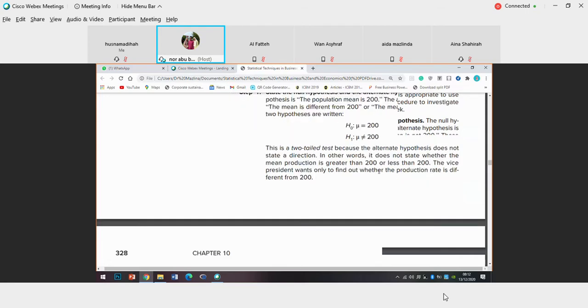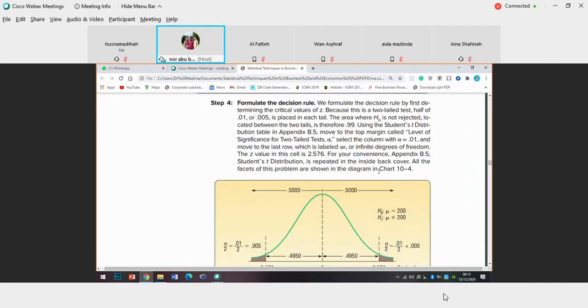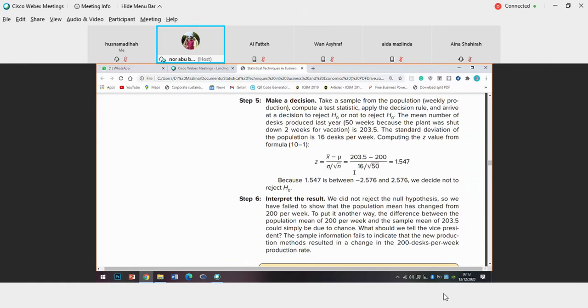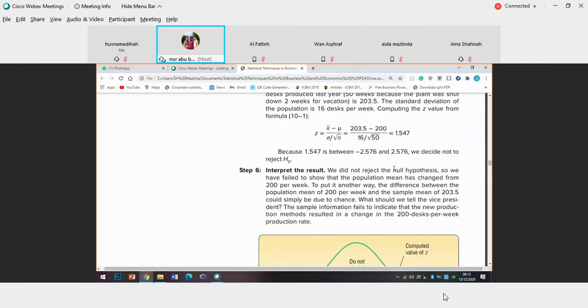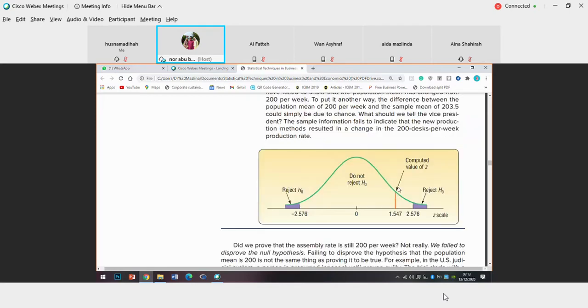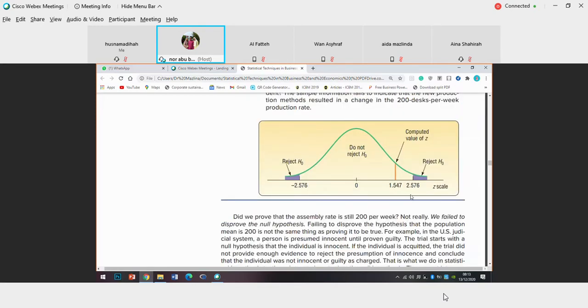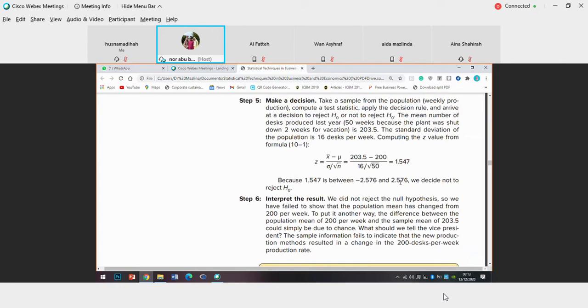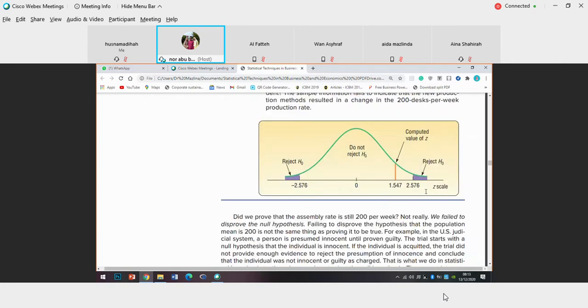Okay? And now kita boleh juga, rather than look at Z value, what we can do is, bila awak dapat Z value ni 1.547, apa yang awak boleh buat adalah satu, awak boleh tengok critical value, right? 2.576. Satu lagi adalah awak tengok P value. What does it mean by P value?